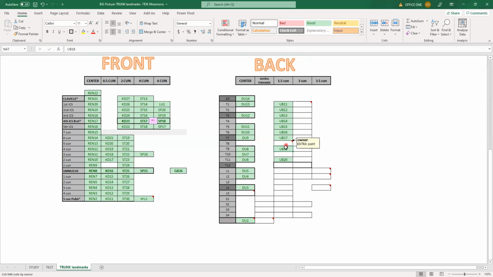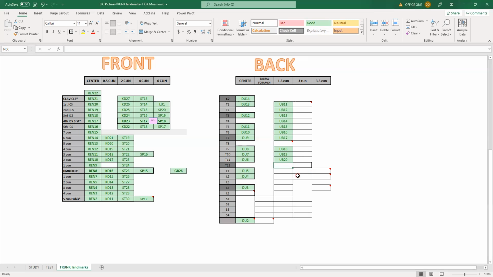And then we skip, and then we continue the counting. So UB18 is going to be one spinal level above because we skipped T8. So at the level of T9, we have UB18. At the level of T10, we have UB19. So the level of the spine is 1 more than the back shu point; the UB channel point is 1 number less than the actual level of the spine.